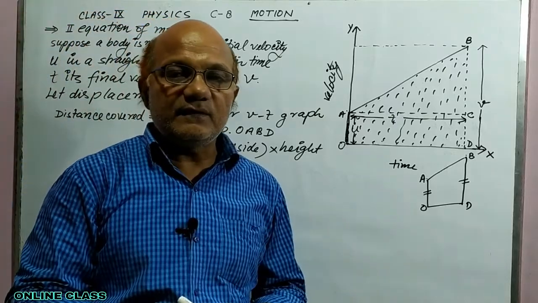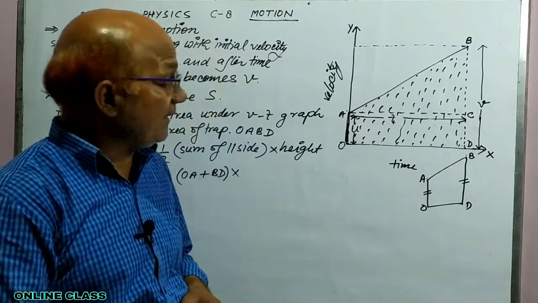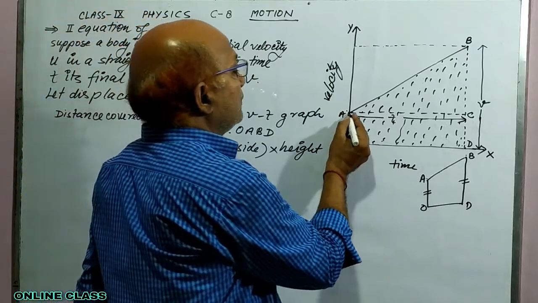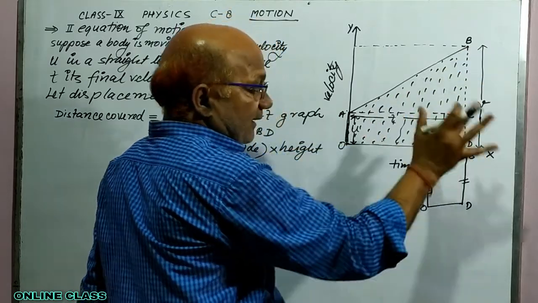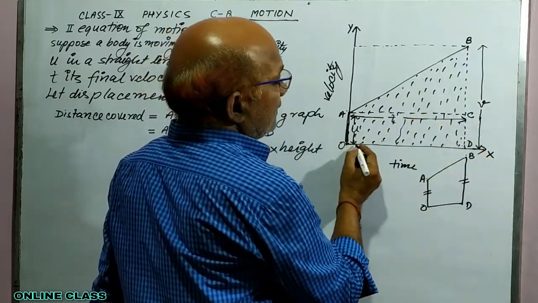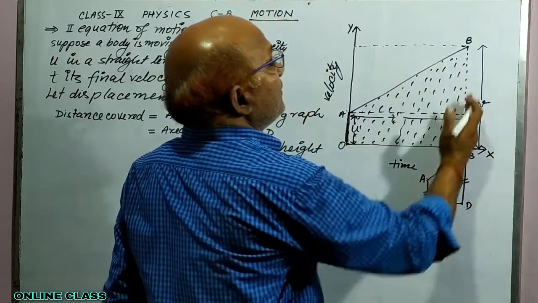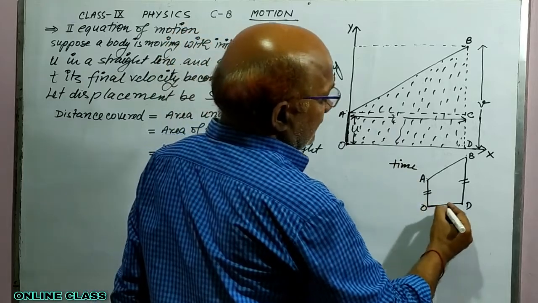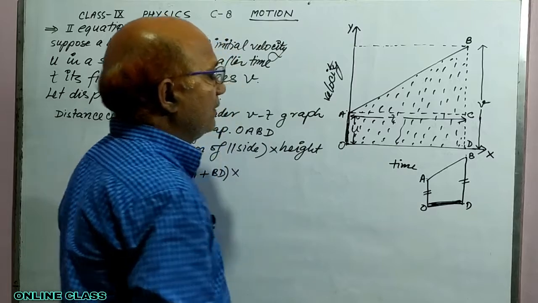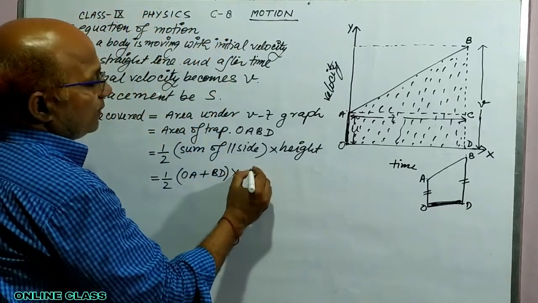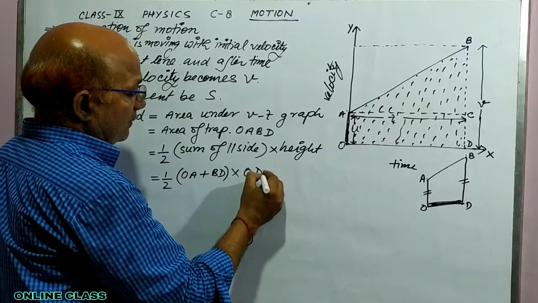Actually, height means the perpendicular distance between the parallel sides. So OA and BD are the parallel sides, and you can see OD is the perpendicular distance between the two parallel sides. So you can see this is the height. Okay. So height means it is OD.